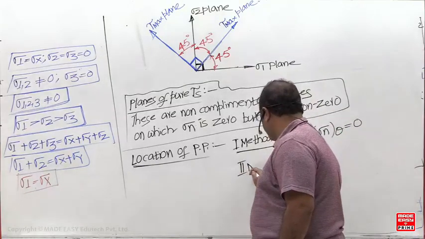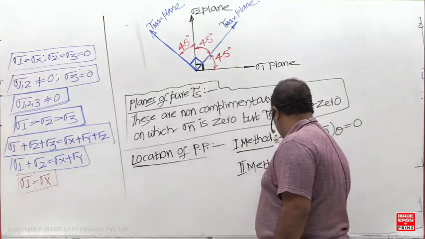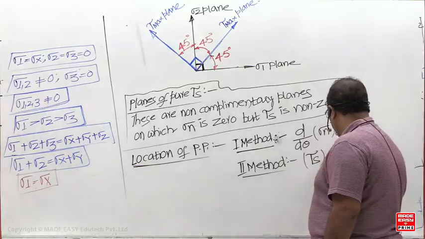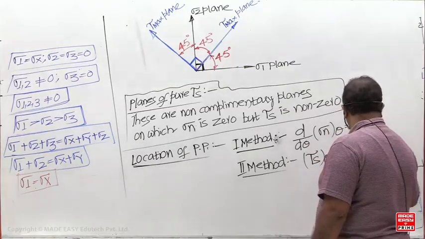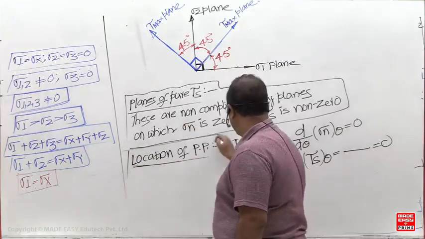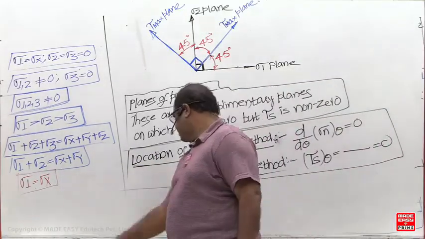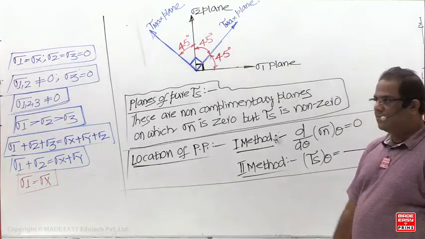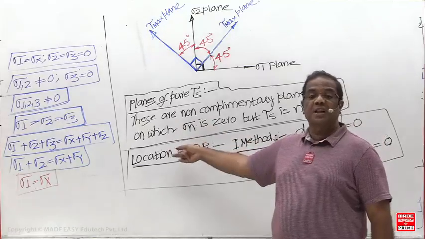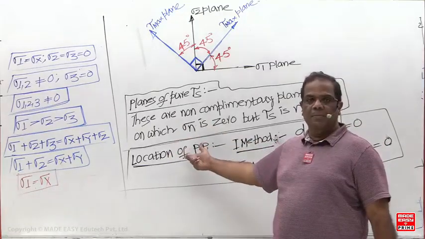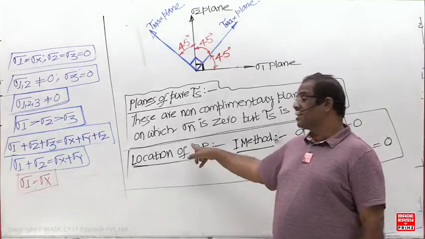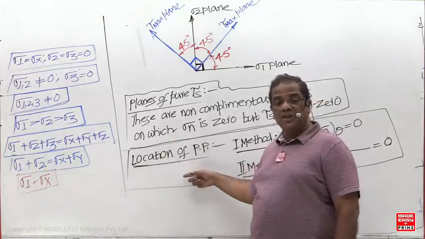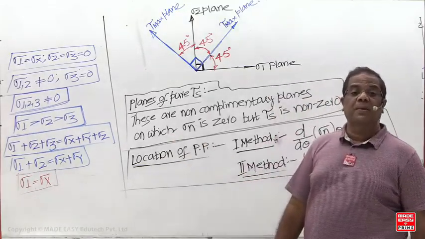Equating the tau equation to 0. These planes are significant with respect to which material, brittle or ductile? Brittle material. Brittle materials are weak in tension, so the tensile stress is always maximum on which plane? The principal plane. If you know the location of these planes, we can locate the fracture plane for brittle material.